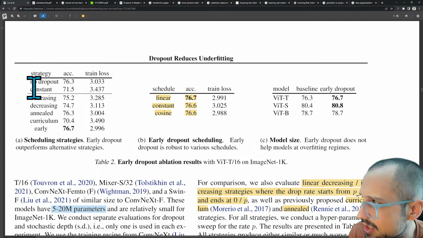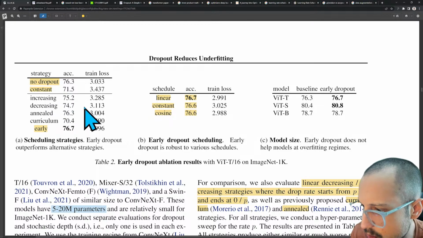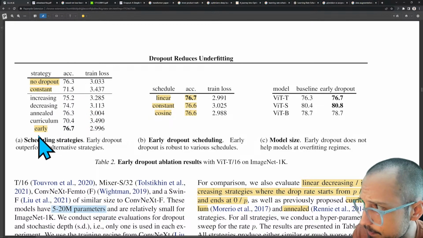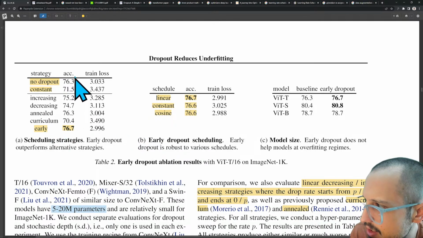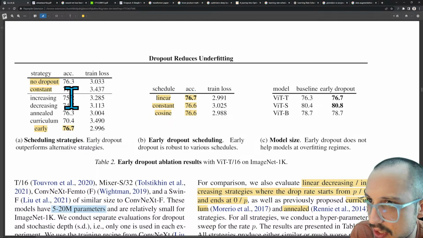So you have either no dropout, you have a constant dropout, you have the early dropout, which is the one that they do in this paper where it's constant and then it becomes 0. You have increasing, decreasing, and then you have annealed in curriculum, which are just going to be more complicated versions of that. And you can see that the most performant one here is actually the early dropout, but not necessarily by much, right? Everything here is still relatively close together.